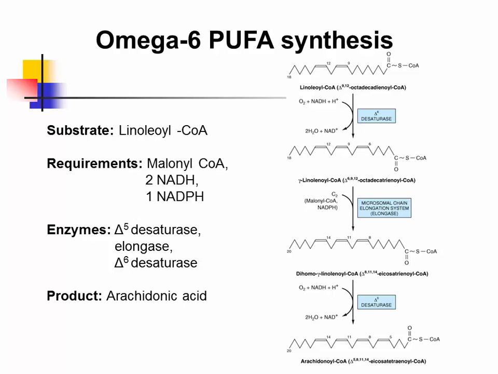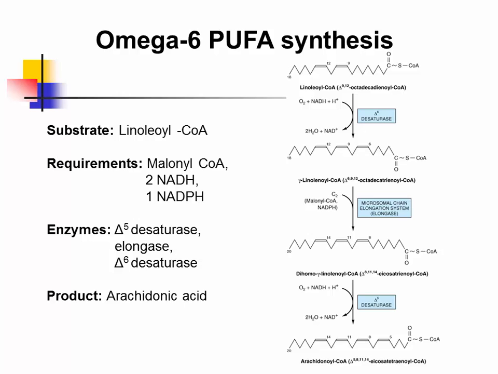So here, a little bit more detail on the process of synthesis of omega-6 fatty acids from essential fatty acids like linoleic acid as a substrate. You do the desaturation and utilize NAD to add the double bonds. And then you extend the carbons, so the elongase enzyme catalyzes the extension of the carbons.